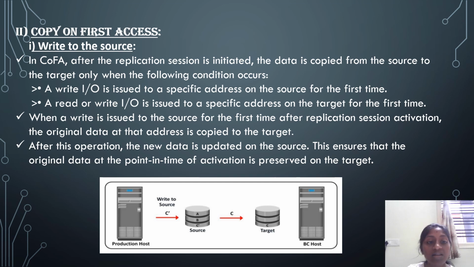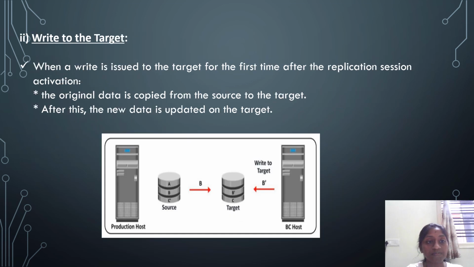The second one is a read or write input output is issued to a specific address on the target for the first time. When a write is issued to the source for the first time after replication session activation, the original data at that address is copied to the target. After this operation, the new data is updated on the source. This ensures that the original data at the point in time of activation is preserved on the target.